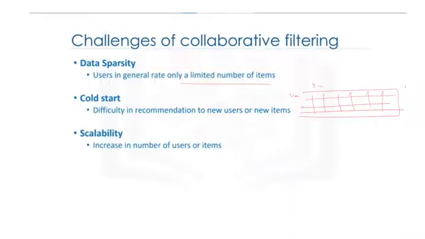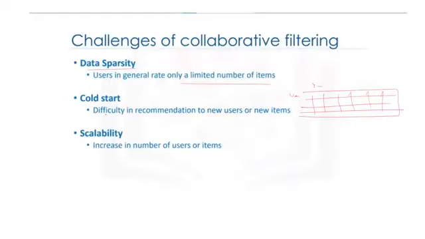Out of the million items, they would have bought only a few, like 100 items maximum. So you will find ratings for only those 100 items, and the rest of the values will be blank. If in a particular matrix more cells are blank, then that data is called sparse data, or data sparsity, where you find values only in a few cells. Most of the cells would be blank. That is known as data sparsity.